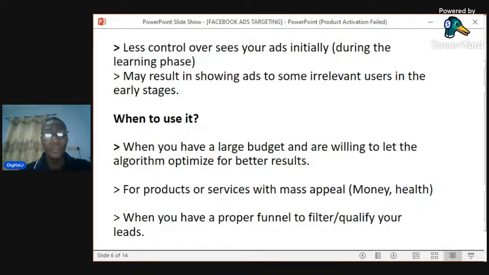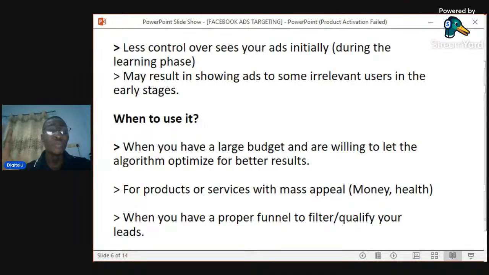Now, when you are using broad targeting for that kind of ads, since there is no proper funnel to actually filter these leads, so many persons would want to come in, especially if it's related to something like money or health.